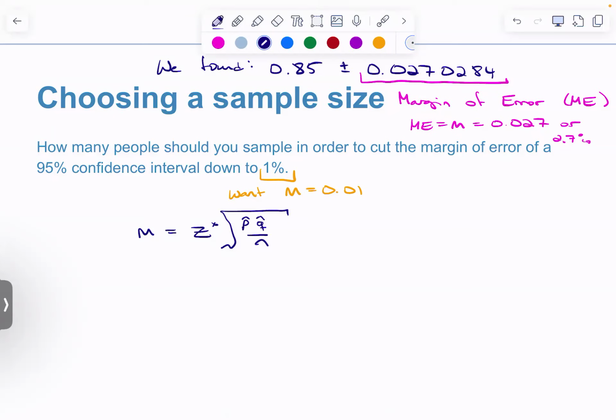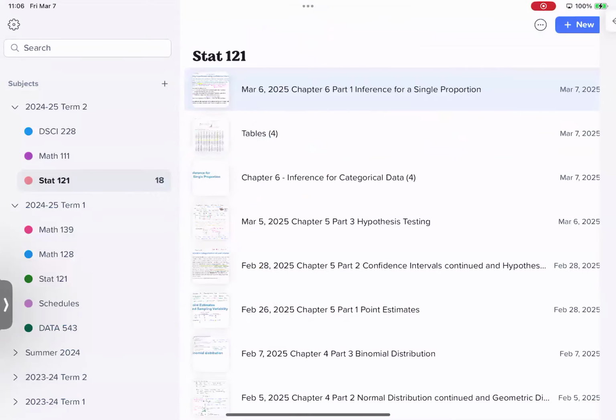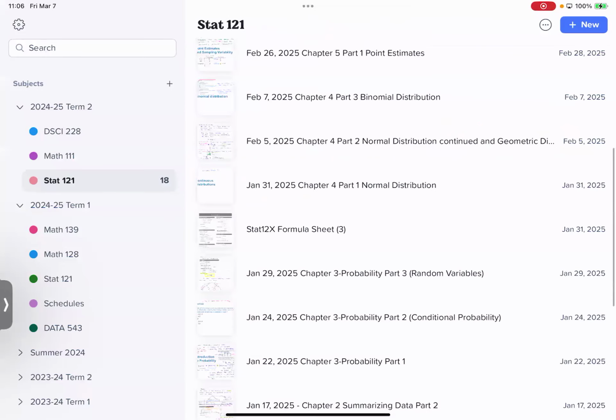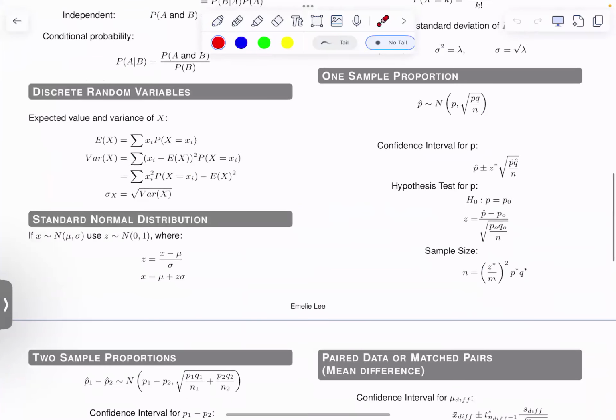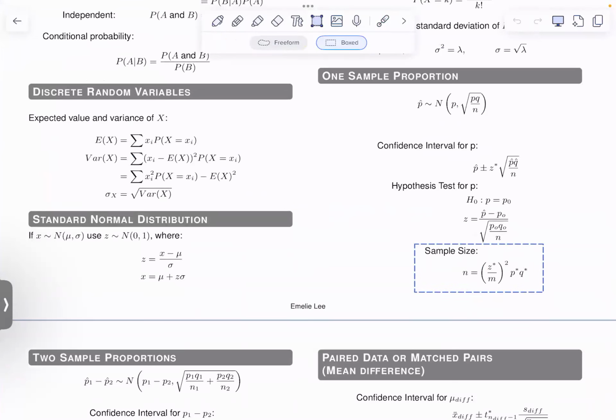Now I'm going to show you how this thing came about, but before I do that, I will also show you that it is the last part on your formula sheet, this sample size calculation. And so it's already been reworked for you.